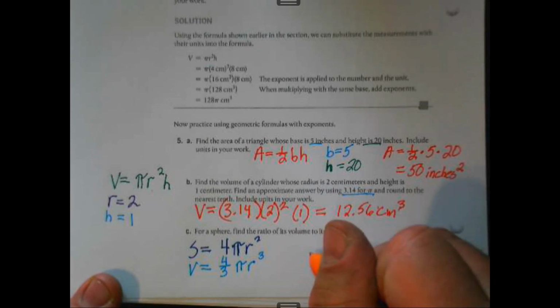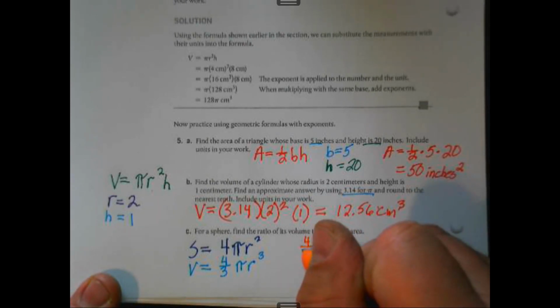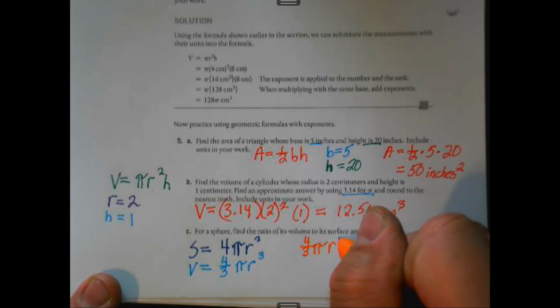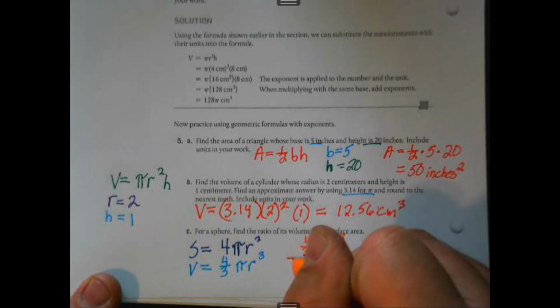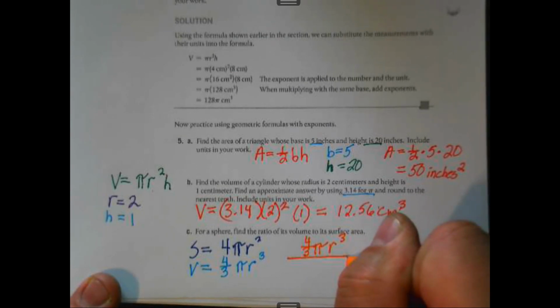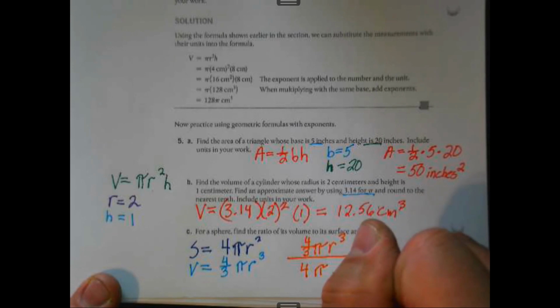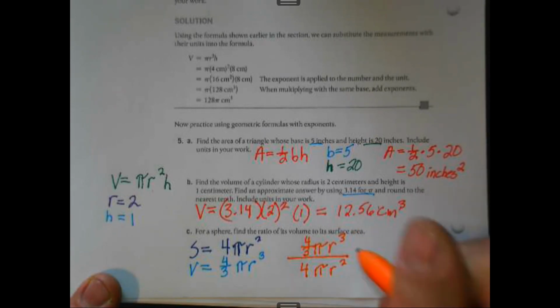So the volume is on top, 4/3 pi r cubed. Ratio is a fraction, 4 pi r squared.